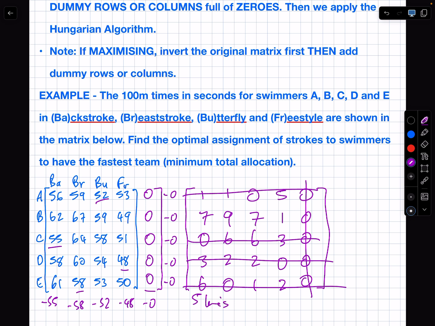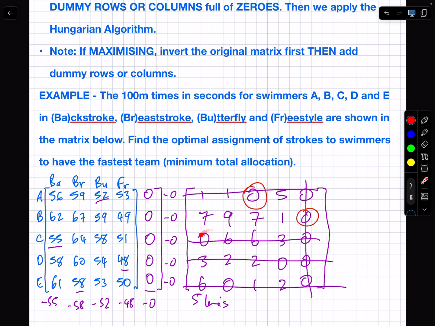So now I choose the most alone zeros. This 0 here, alone in its row. Alone in its column. Yes, circle it. Alone in its row, alone in its column. It's got heaps of friends, so just leave it alone. Next one here, alone in its row. Selected. Alone in its row.